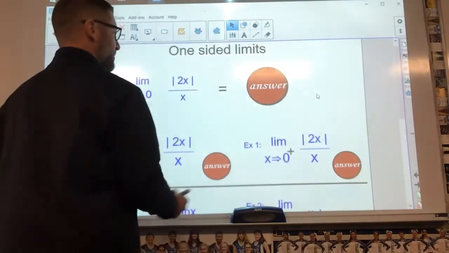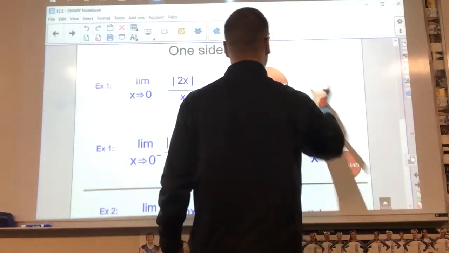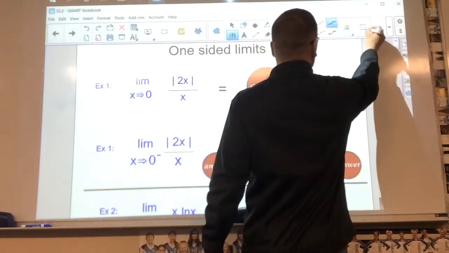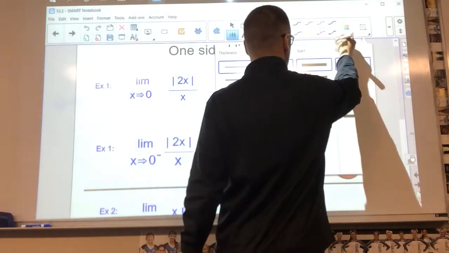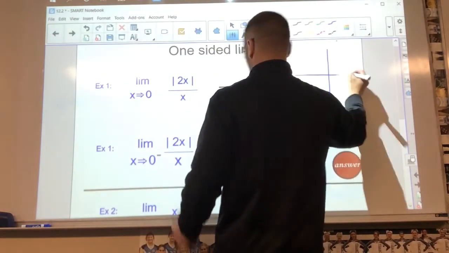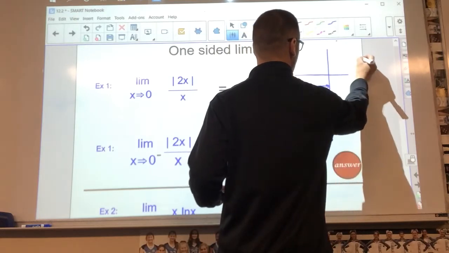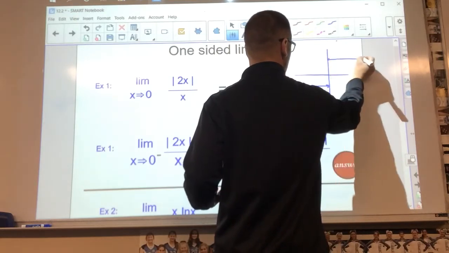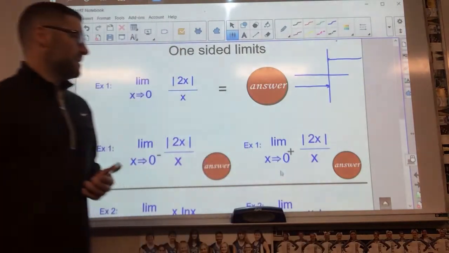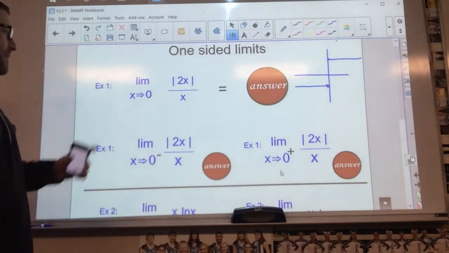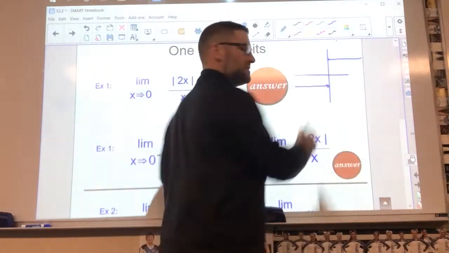I notice on this graph I get part of the graph that comes in like this, and then the other part of the graph that is up here like this. There's really two chunks of the graph. And the limit at 0, here's 0.